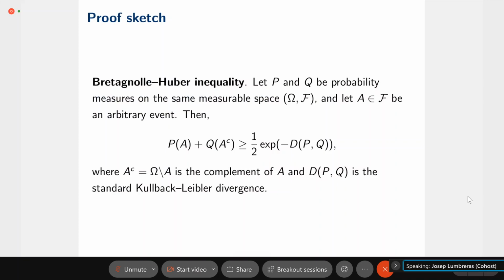For the proof of the lower bounds, we use the Bretagnolle-Huber inequality, which tells us the following: if we have two probability measures, P and Q, on the same space, and an arbitrary event A on this space, then P of A plus Q of the complement of this event will always be greater than one half of the exponential of minus the divergence of these two probability measures, where the divergence is just the standard, classical Kullback-Leibler divergence.